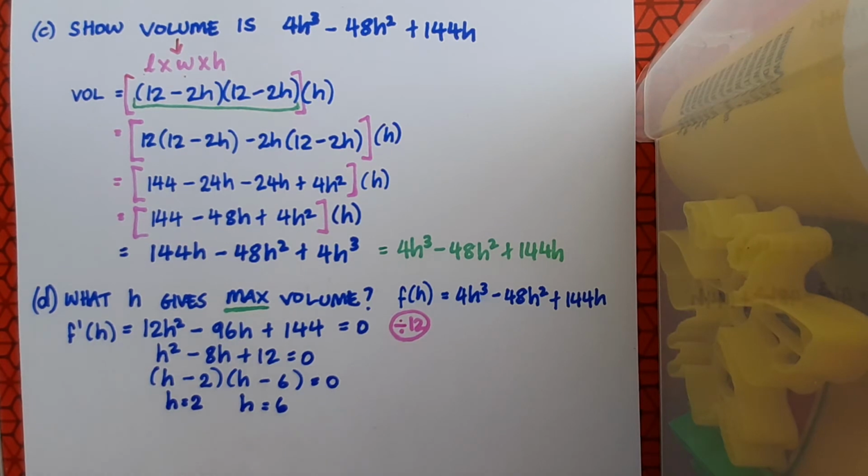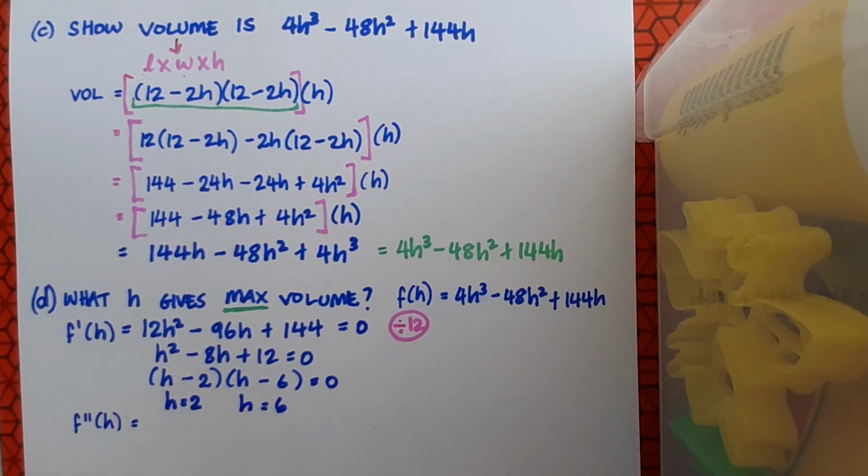So to check which one's which, we need to use our second derivative. Remember, we can call the second derivative f dash dash h.